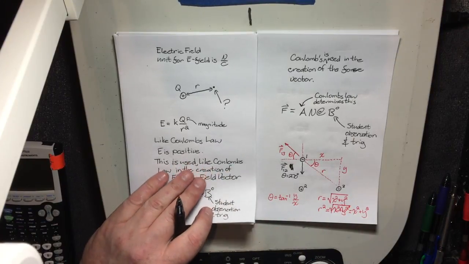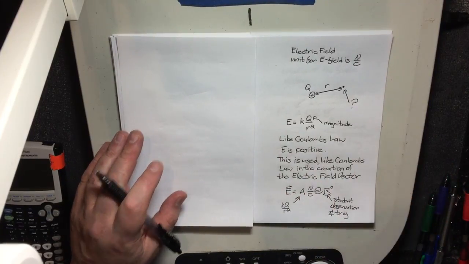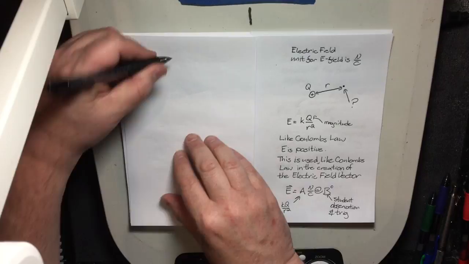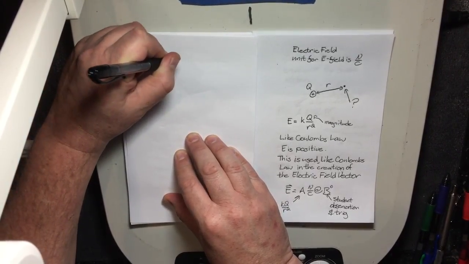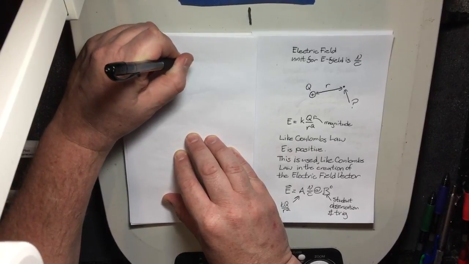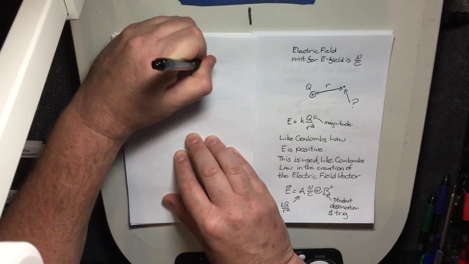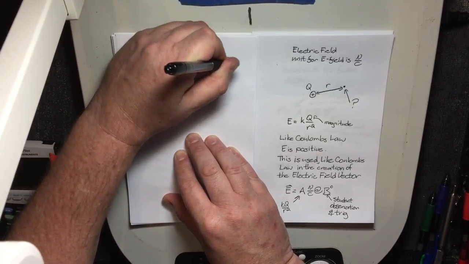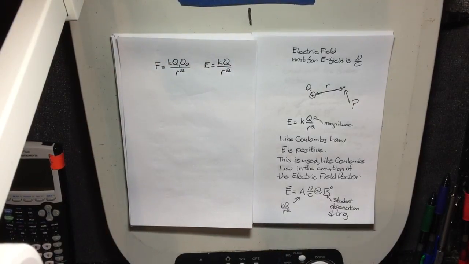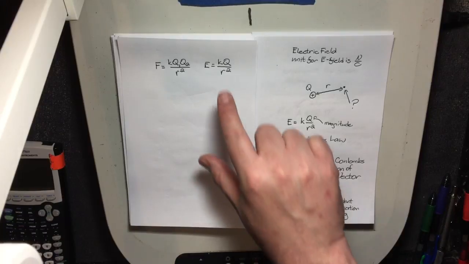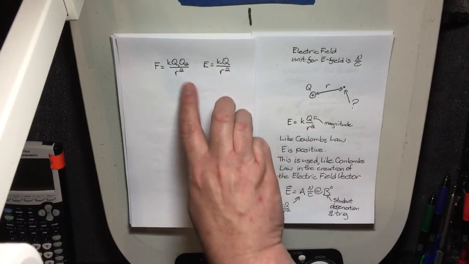Now, let me talk about the force. It is KQ1Q2 over R squared. And electric field is KQ over R squared. And what you can do is substitute the electric field, KQ over R squared, into this.